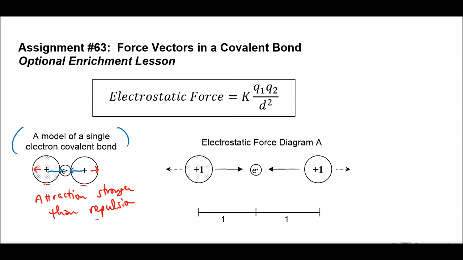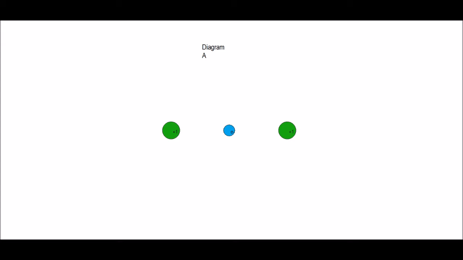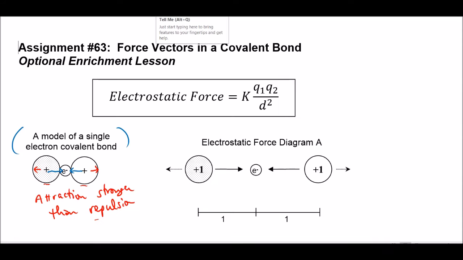And whenever the attraction wins, you have a bond. Here's the first scenario, simulated in interactive physics. And you can see that the attractive forces draw the nuclei to the middle, where a bond is formed.